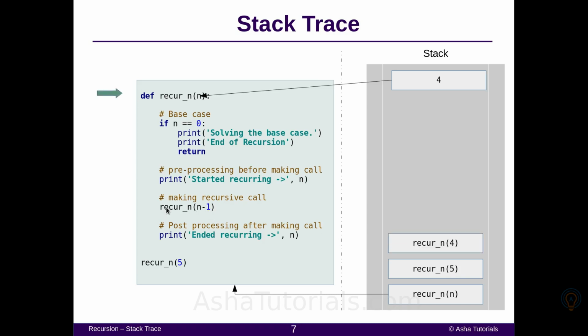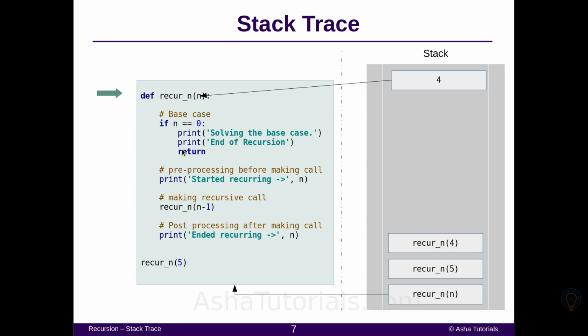So until here the function with n equal to 5 has been executed, but it has not completed its execution, so it will still remain in memory. It will resume whenever the recursive call with n-1, which is the call of 4, returns its final value.